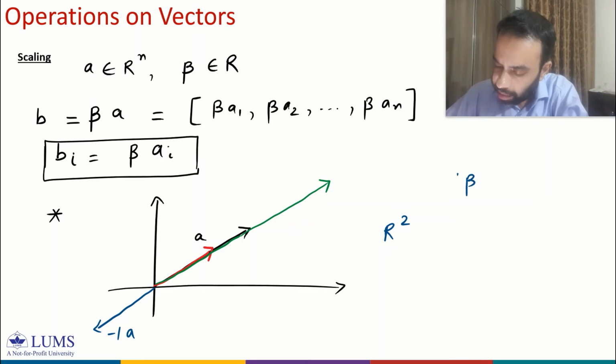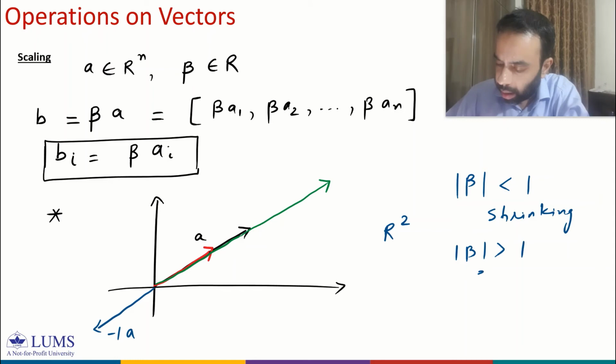When magnitude of beta is, say, less than 1, we have shrinking, and when magnitude of beta is greater than 1, we have expansion, and when beta is negative, we also get a change in direction.